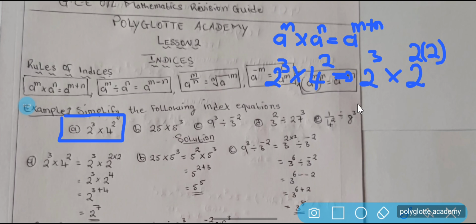So this will give rise to 2 to the power 3 times 2 to the power 4. Since the bases are the same, I'm going to take one of the base, 2 to the power 3 plus 4, which implies 2 to the power 7.